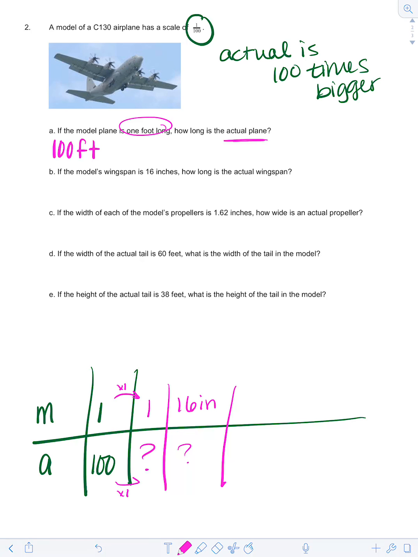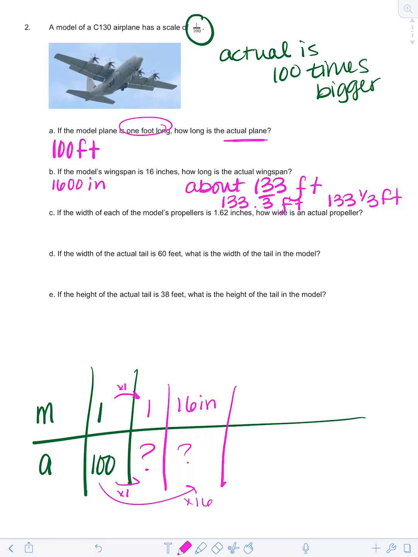You should have multiplied by 16 here. That would give us 1,600 inches. This would be one you'd want to convert. It's about 133 feet. Maybe you even put 133.3 repeating feet, or 133 1/3 feet, all acceptable. And these are a little bit better because we're looking for an actual wingspan. It's going to be really big on a plane.